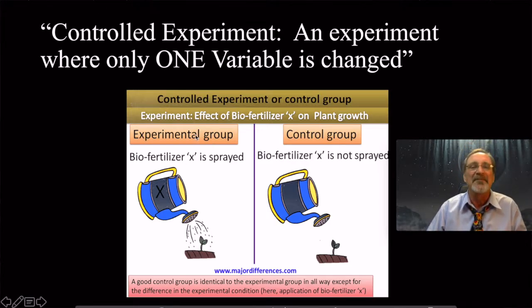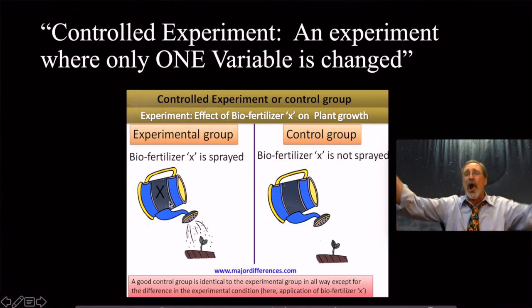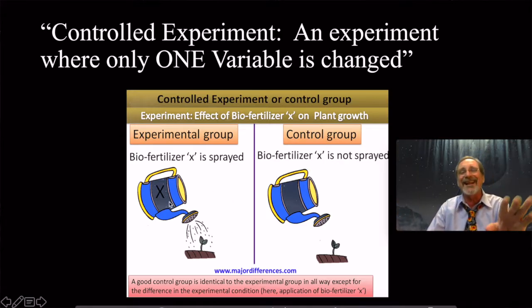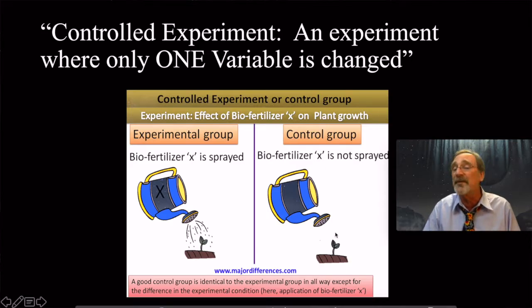So here we go. The experiment is the effect of biofertilizer X on plant growth. You can't just put the fertilizer on the plant and go, okay, let's see how it grows. You got to compare it to something. So here's the one that doesn't have the biofertilizer X in it. This would be an experimental group, the one that has the fertilizer. The control group is the one that doesn't.